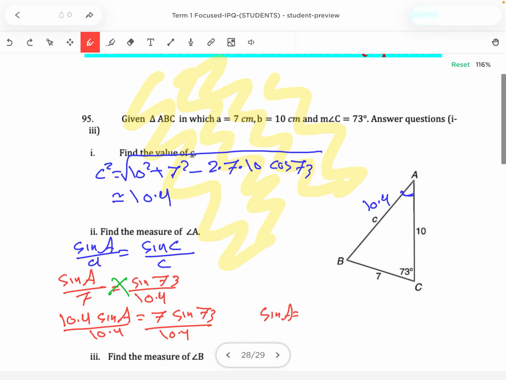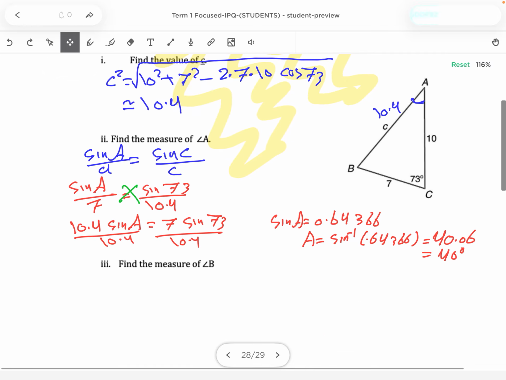So sine A equals 0.64366. Then sine inverse gives about 40 degrees.